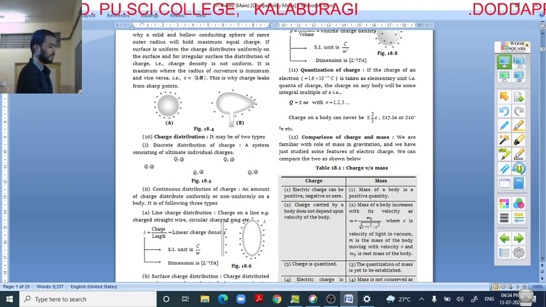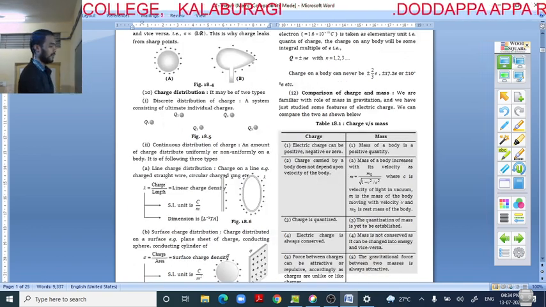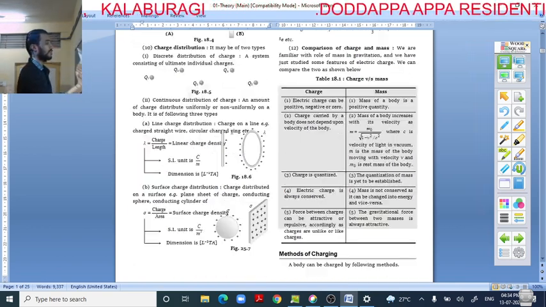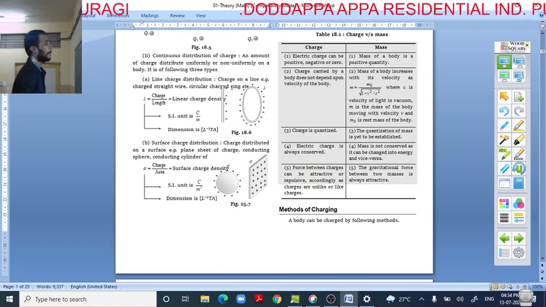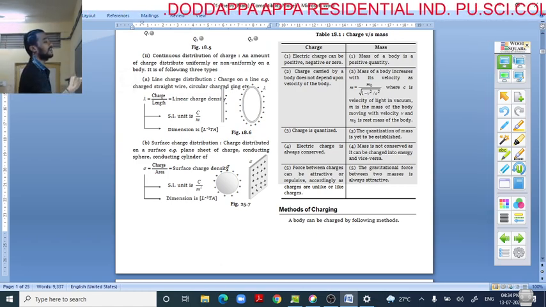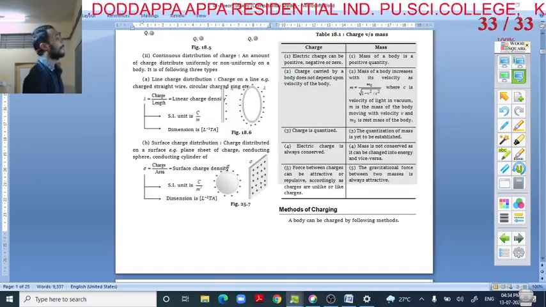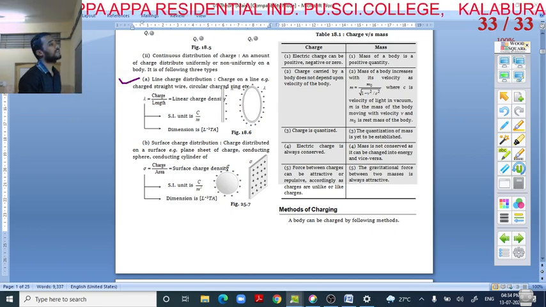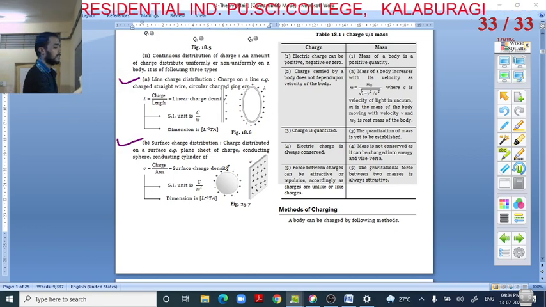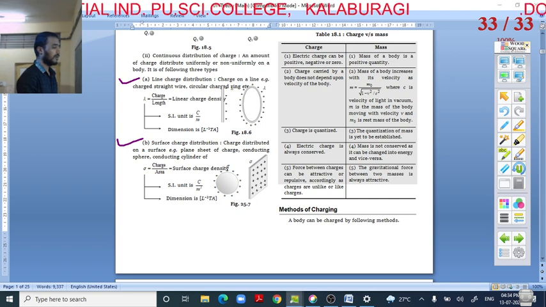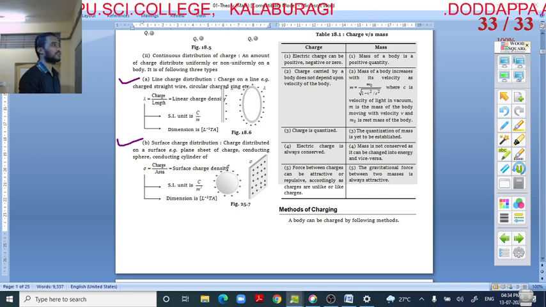I will scroll here, just concentrate on this. The first is line charge distribution, then surface charge distribution, and volume charge distribution.